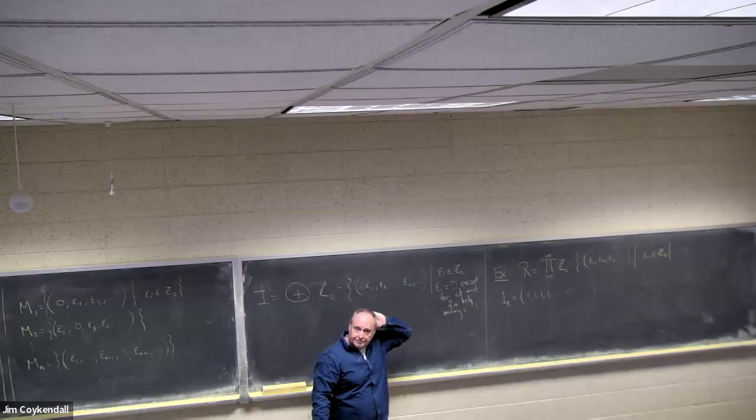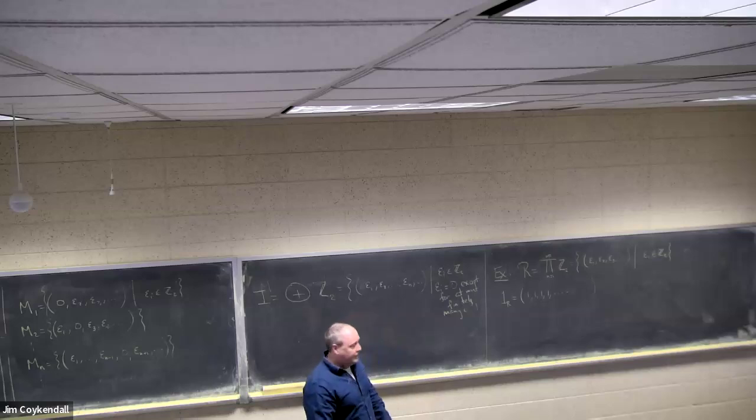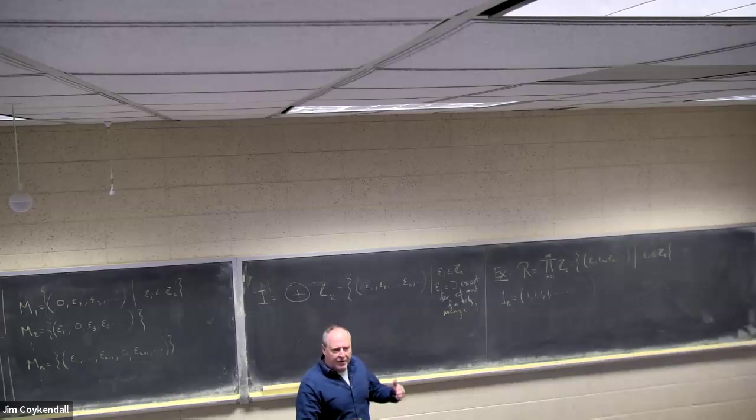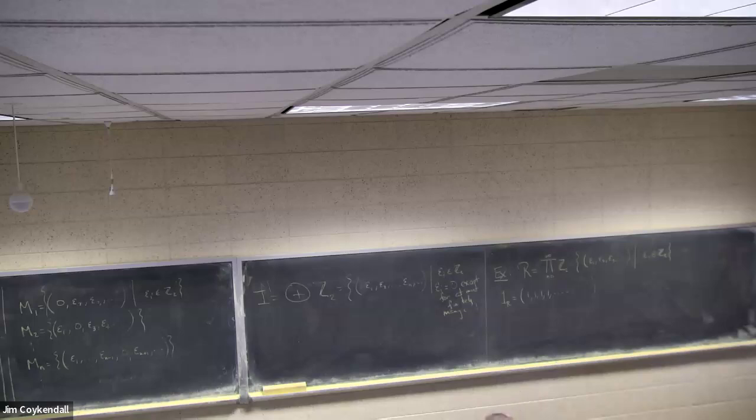Do I agree with that? This is an ideal. Because if you add two elements of the direct sum and they both end in an infinite string of zeros, then the sum does as well. And since we're multiplying component-wise, if you multiply something that ends in an infinite string of zeros by something else, your infinite string of zeros will be at least that long. In a certain sense. Everybody okay with that? This is an ideal.